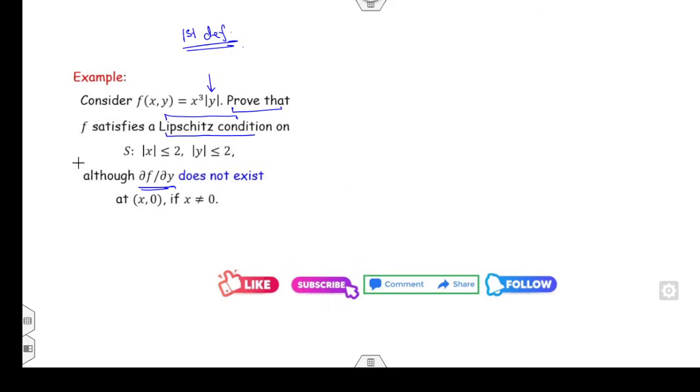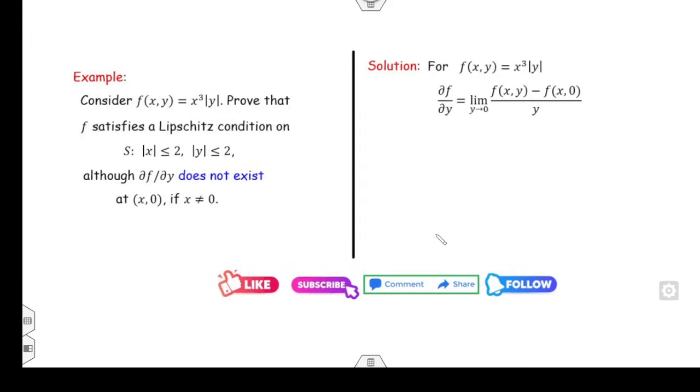सबसे पहले चेक करते हैं whether this partial derivative of f with respect to y exists or not. What is the definition of del f upon del y, which is the limit y approaches 0 of f of x comma y minus f of x comma 0 divided by y. x को फिक्स रखना पड़ेगा ना आपके पास, फाइन, I can substitute the values.